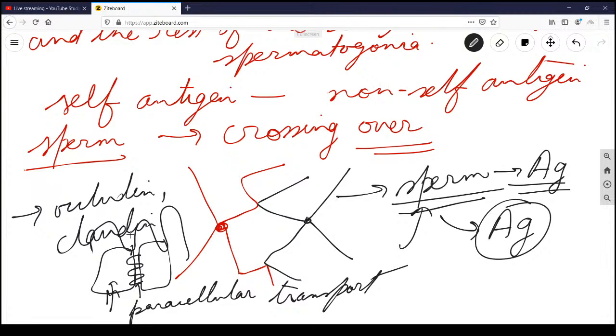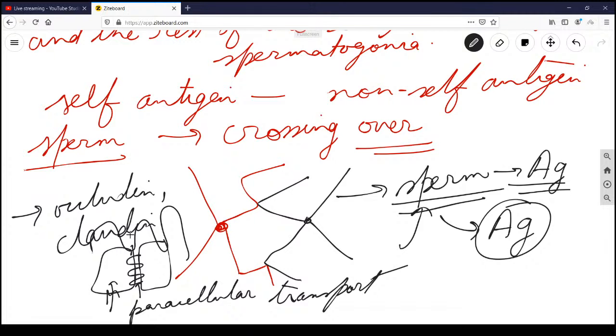Transport mediated active transport, Na plus and all, they can come in, vitamins can come in, but the cells themselves, the T cells, cannot reach, and therefore our newly produced spermatozoa stay protected. They stay safeguarded from the attack which could be mounted if the T helper cells could reach through the blood onto the site of spermatozoa production, that is the seminiferous tubules.